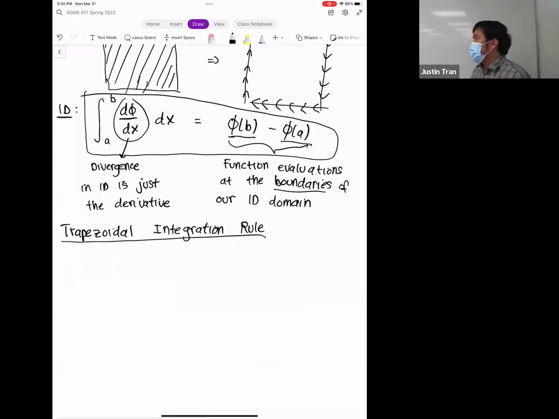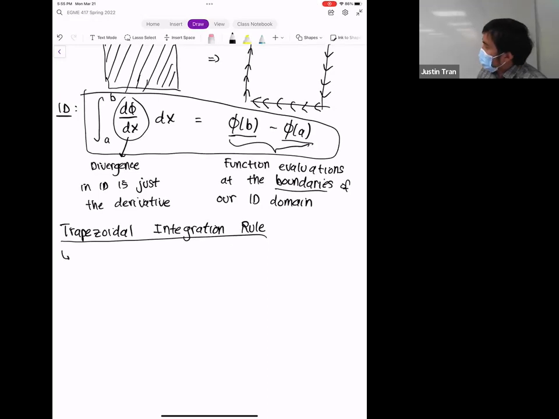And so the idea with trapezoidal rule is actually quite different from divergence theorem. And so what's going to happen during the finite volume method is that, even with the divergence theorem and even with a lot of our clever tricks that we can use with integration, we're still going to end up with integrals that are very difficult to evaluate.